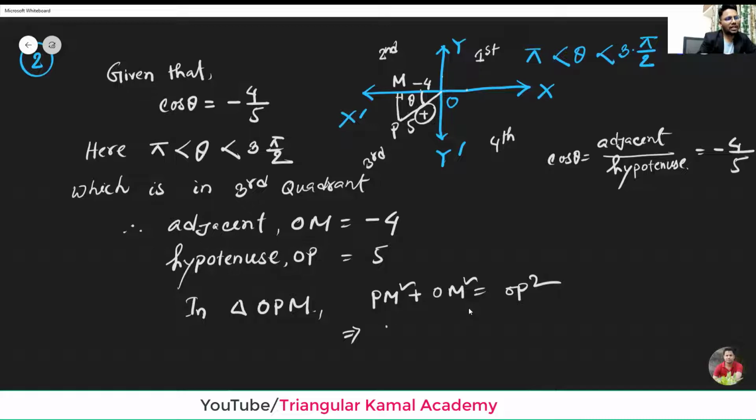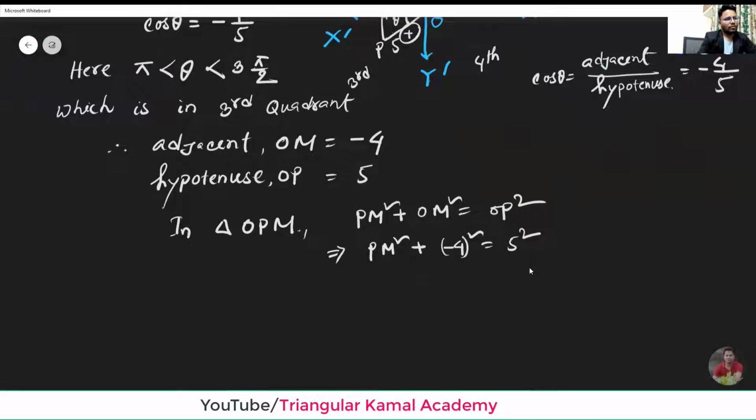So here PM is unknown, right? Here PM square, the value of OM is given here, minus 4 whole square, and OP is 5 square. So from here, PM square plus 16 is equal to 25. Any negative number squared is always positive.